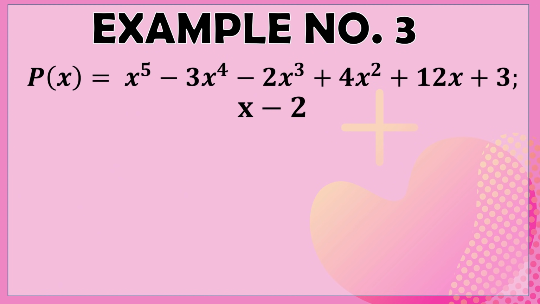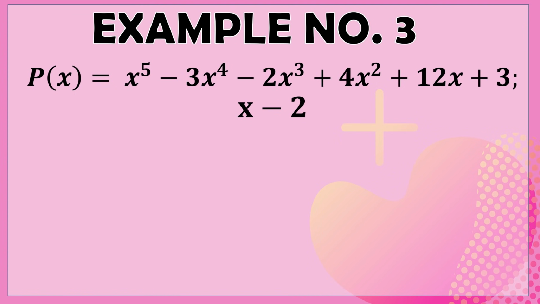Okay po, let's have the third example. Ito medyo mabahaba yung function na binigay. So we have p of x is equal to x raised to 5 minus 3x to the 4th power minus 2x cubed plus 4x squared plus 12x plus 3. Then the divisor is x minus 2.